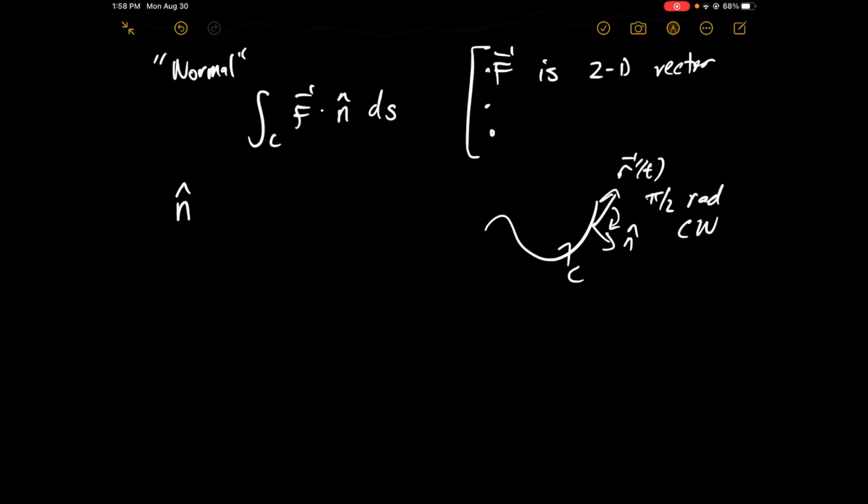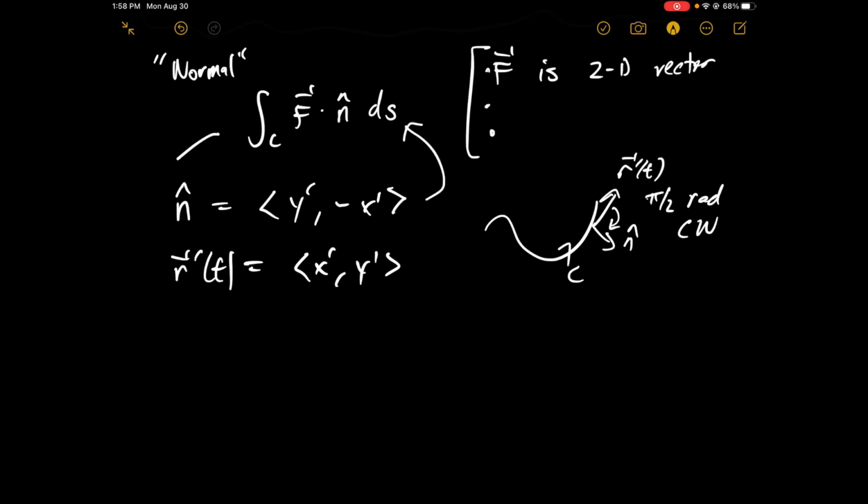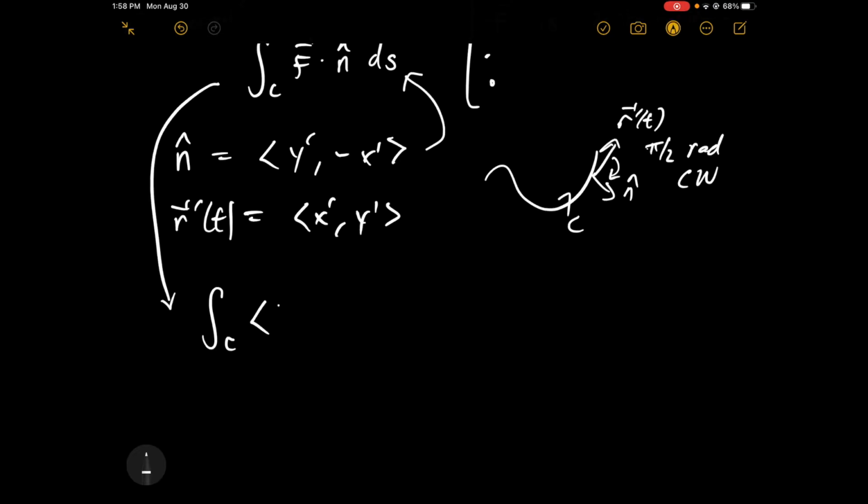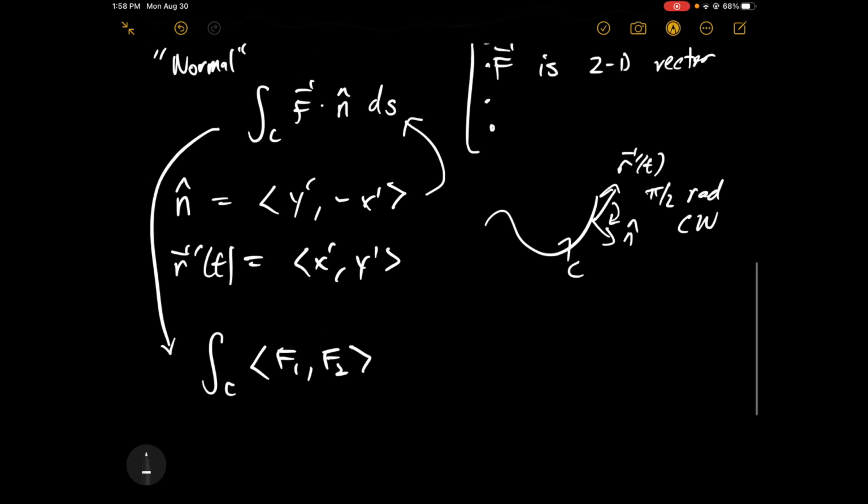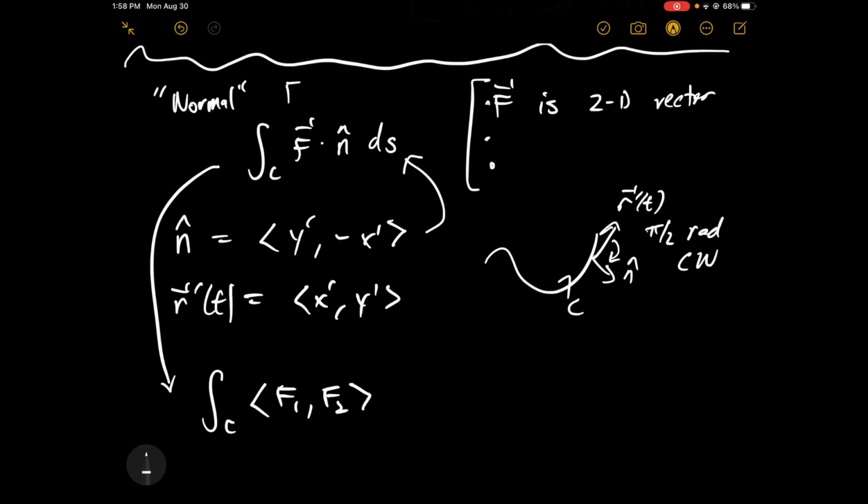So if r prime of t is given, then we know that n, by a linear transformation of rotating 90 degrees clockwise, will be this. If we put this back in and rearrange it, then we end up getting, and sorry, I should have mentioned this earlier, assume that F has components of this.